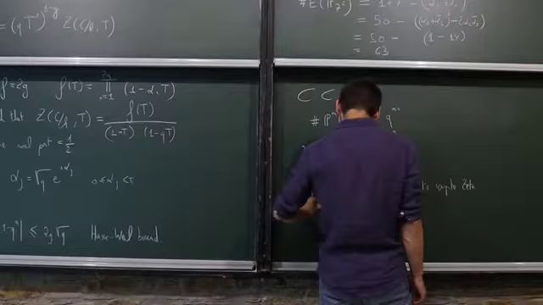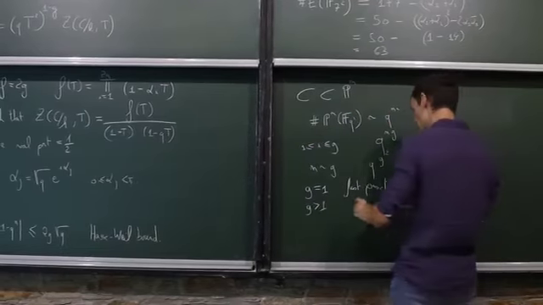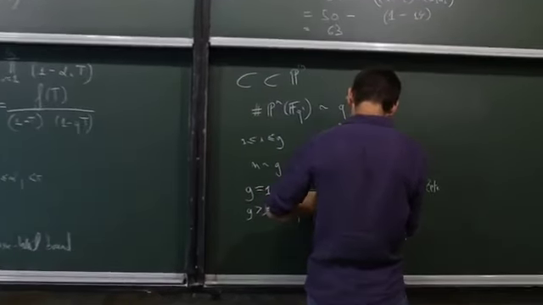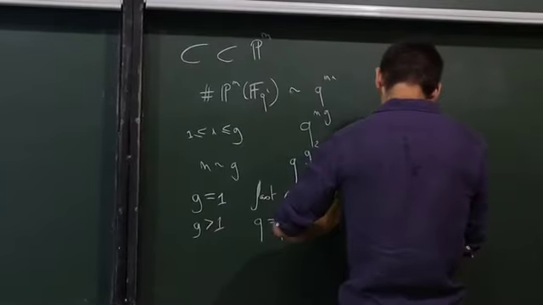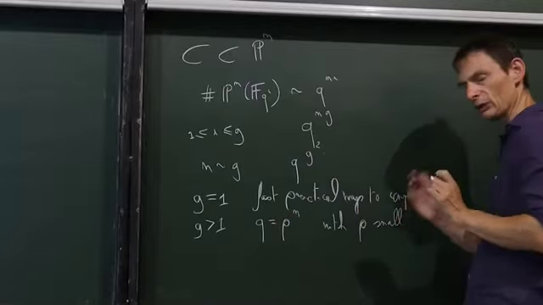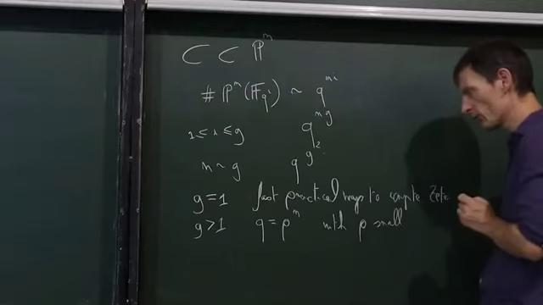But in general, if G is larger than 1, you restrict to Q of the form P to the N, where P is the characteristic, with P small. So note that not necessarily Q is small. Q can be even quite big, but the characteristic has to be small.